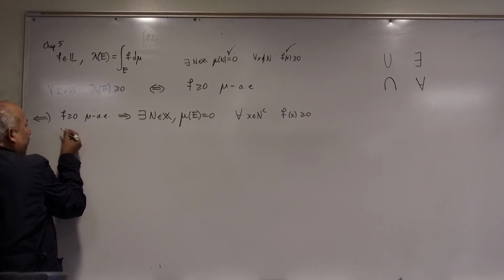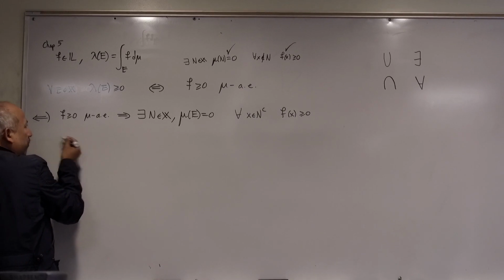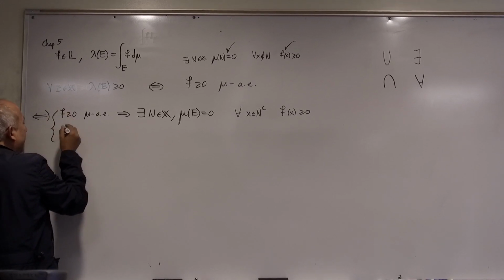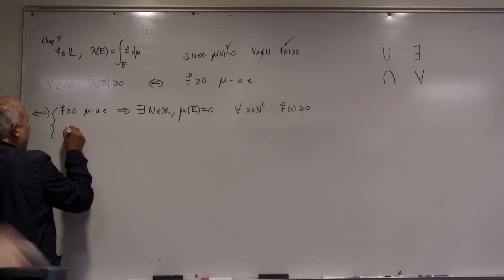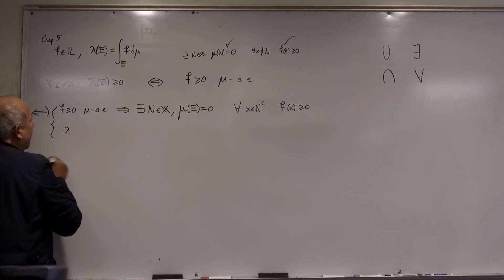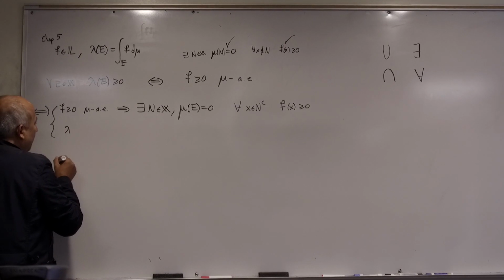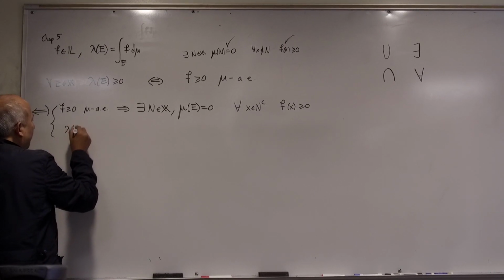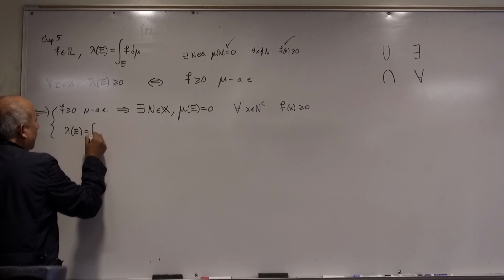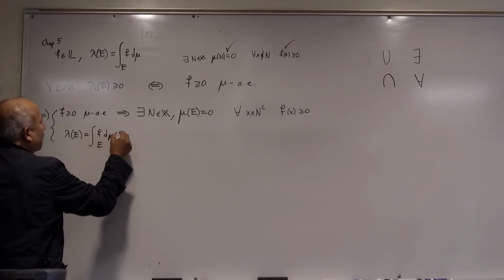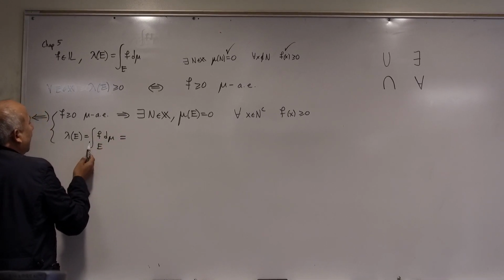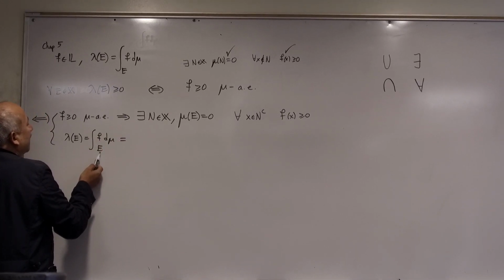Now, another tool that we're going to use is the following. Lambda of E is the integral of f on E by definition. But how do we define the integral of a function on E?